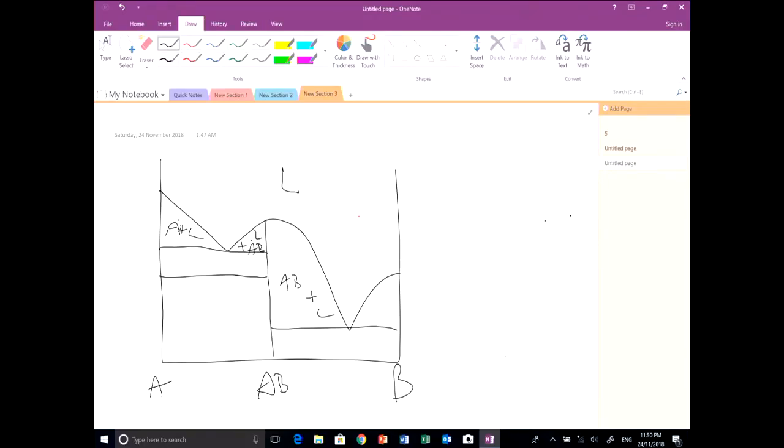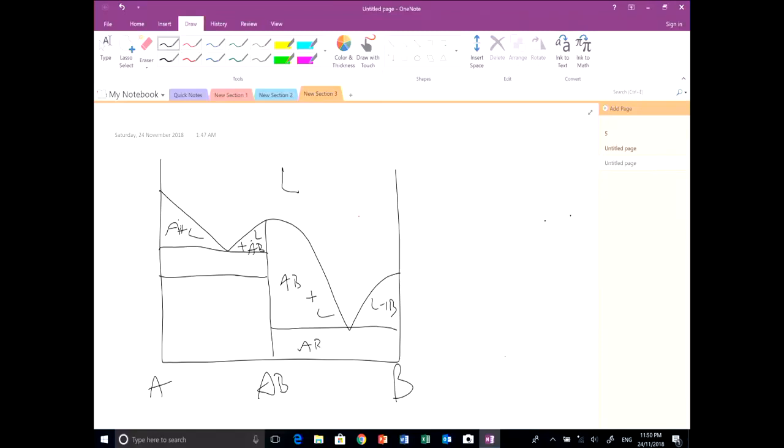Alpha. Somebody say alpha? There's no solid solutions in this diagram. No Greek letters. What's in the little rectangle on the lower right? What is it?